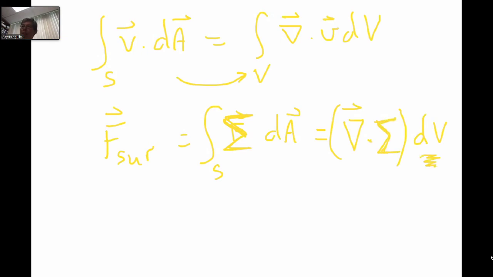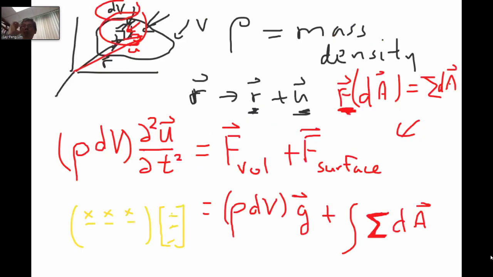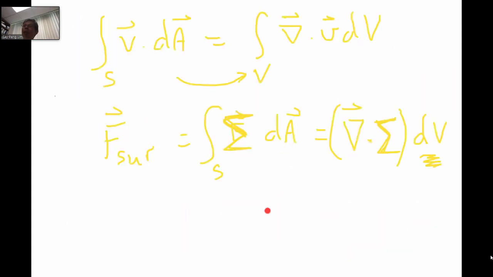This dV is this dV. Let me go back to here. All right, it is this element that I'm talking about that we are considering. It is the same dV as this and as this. All right, but in the mathematics going into it, this dV is not this dV.